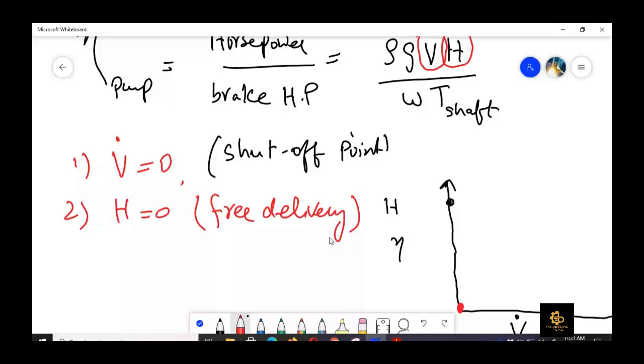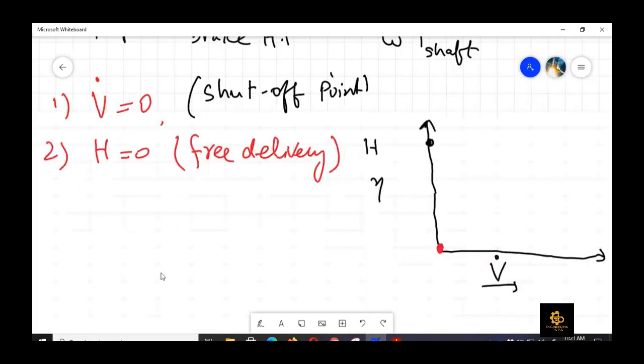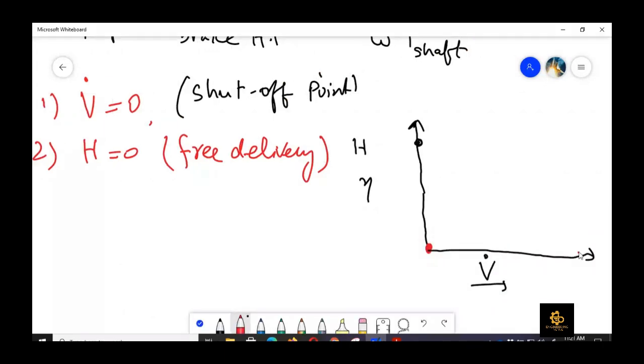The pump is just operating without imparting any useful work on the fluid. In that case we would have maximum volume flow rate, and the net head would be zero, because there is no useful work, so we can say that it goes like this.